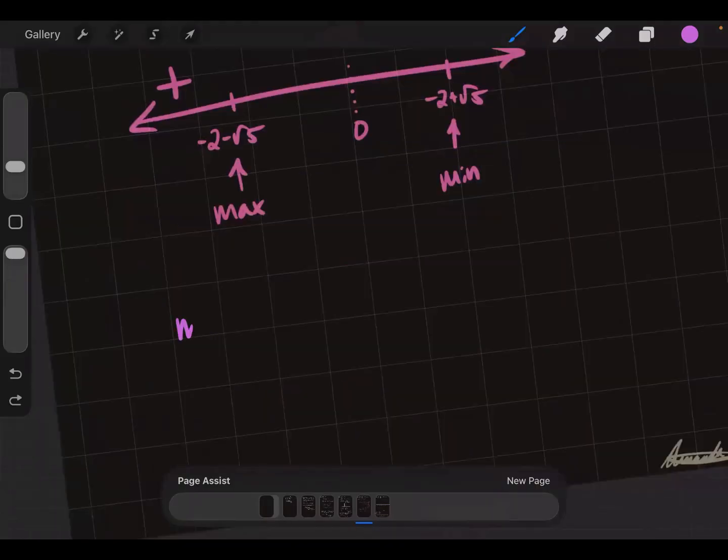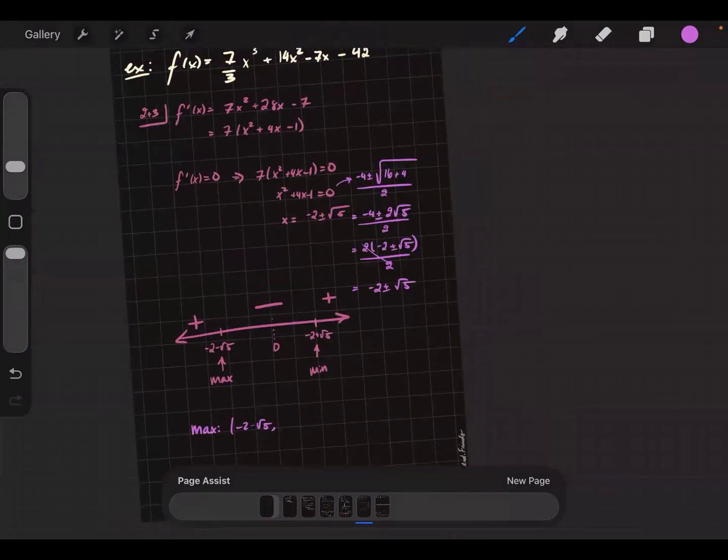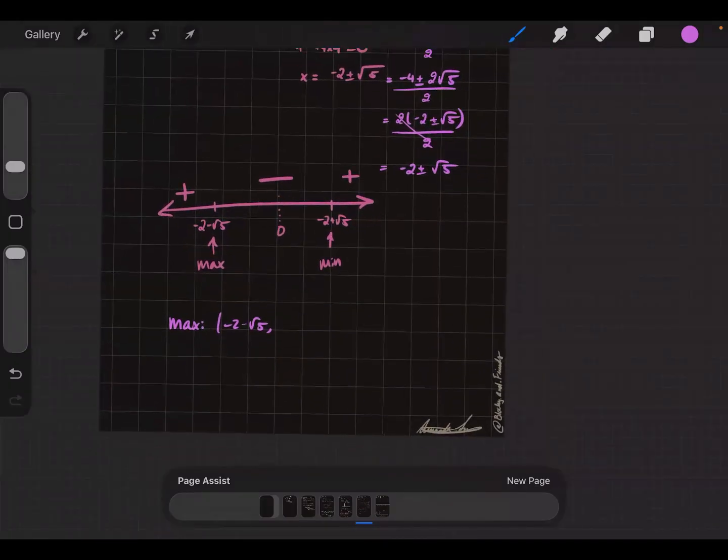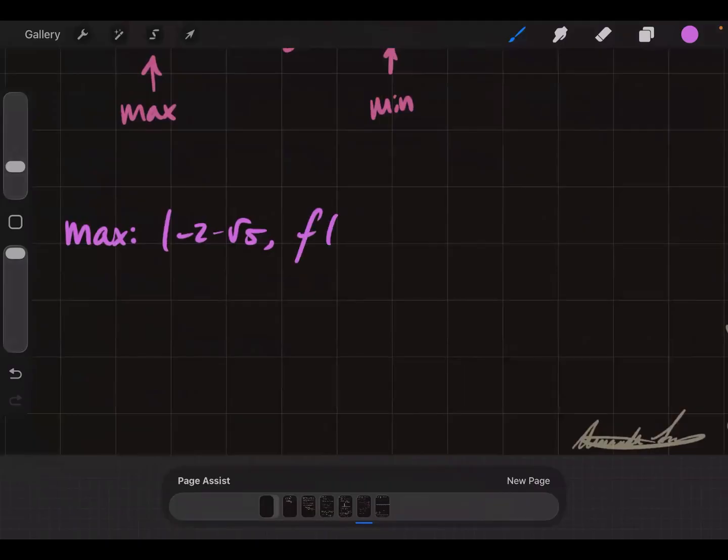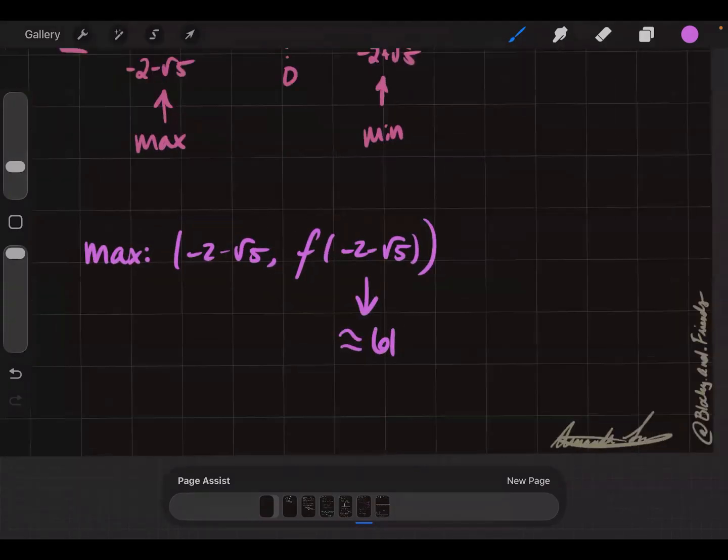Okay. Max is going to be -2 minus √5, comma, f of -2 minus √5, which is about 61. Okay.